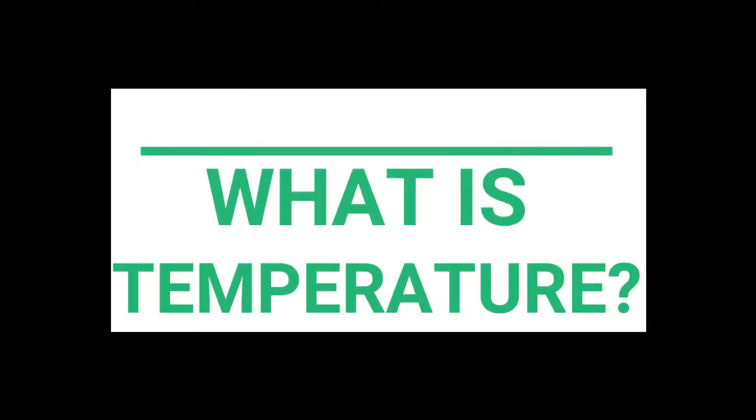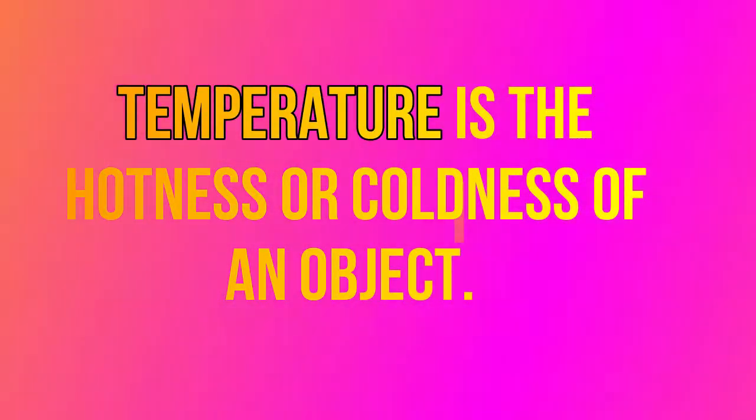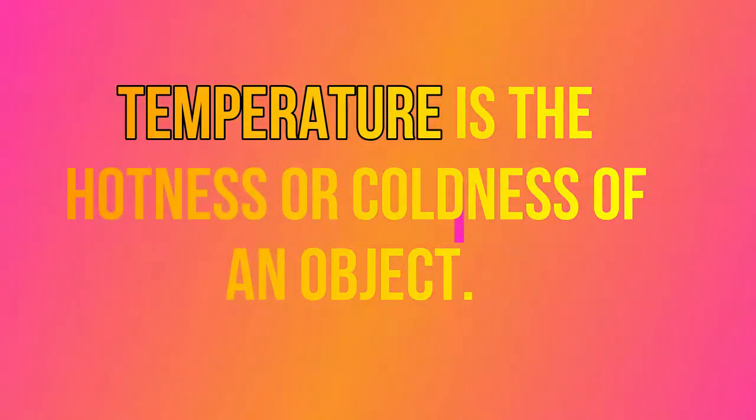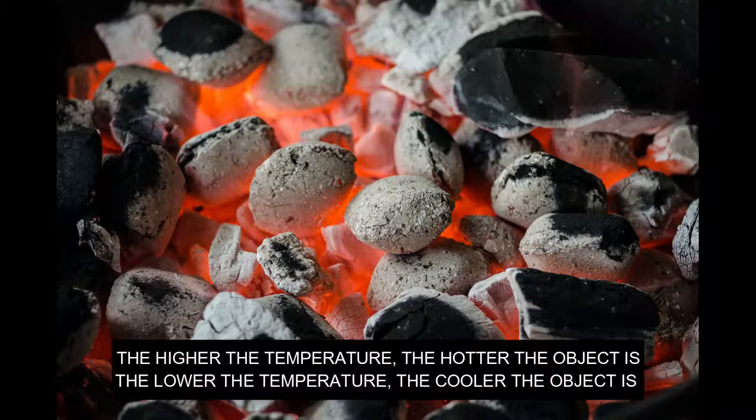Ito po ay dahil sa apoy. Now, what is temperature? Temperature is the hotness or coldness of an object. It says here, the higher the temperature, the hotter the object is. The lower the temperature, the colder the object is. Did you get that, class?